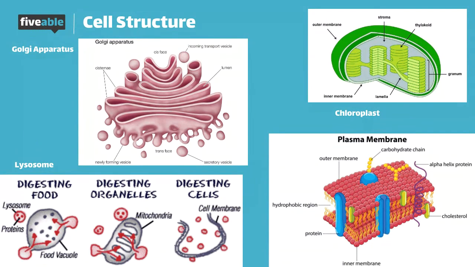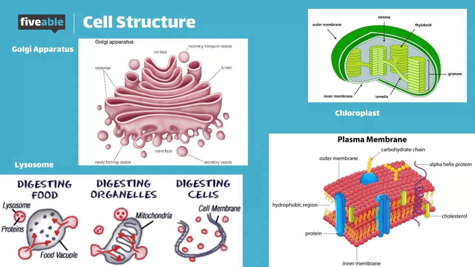It has digestive enzymes in it that will help us digest food, digest organelles, and digest dead things, things that might need to be recycled and reused. All of that takes place because the lysosome, with all of its digestive enzymes, binds with that thing and breaks it down.